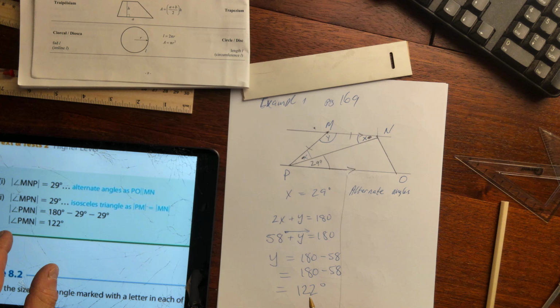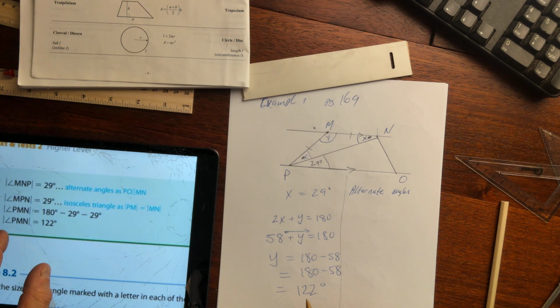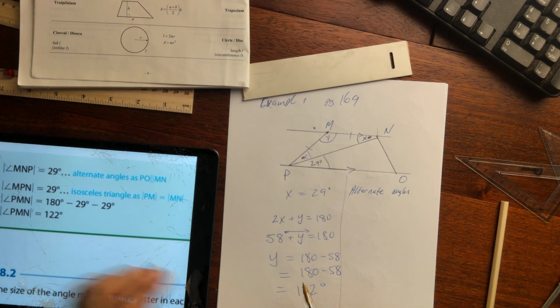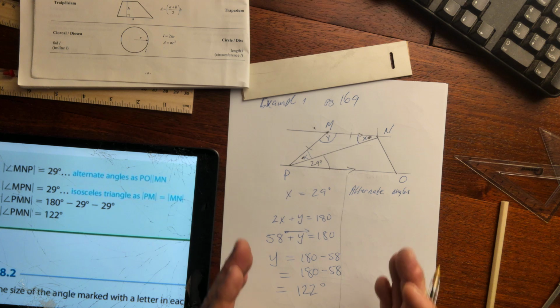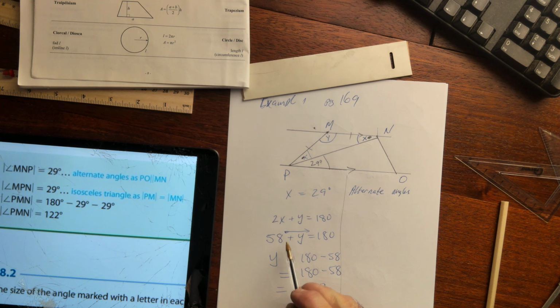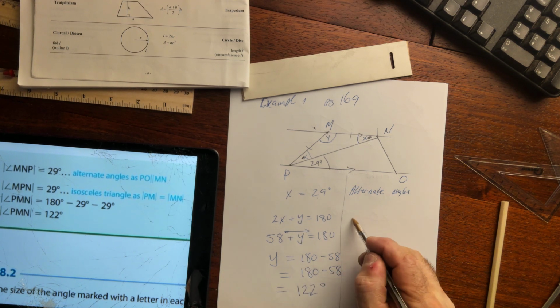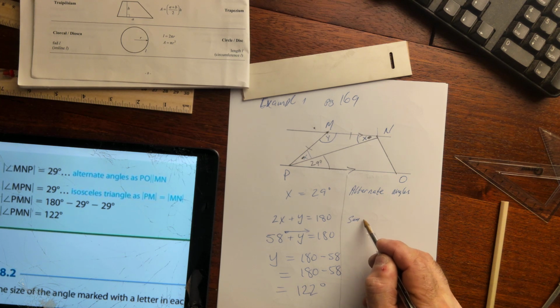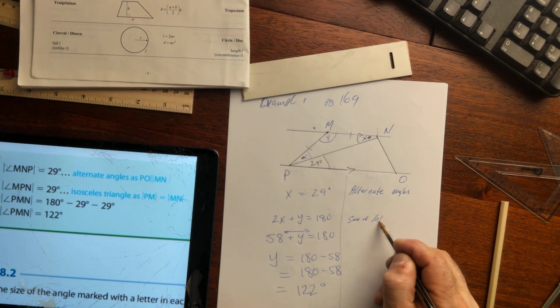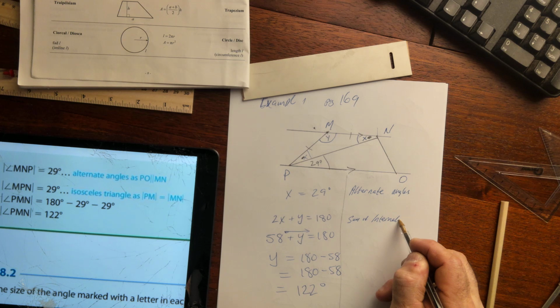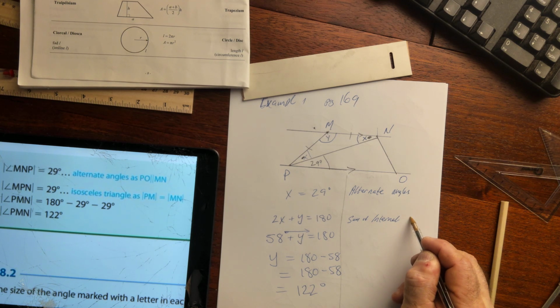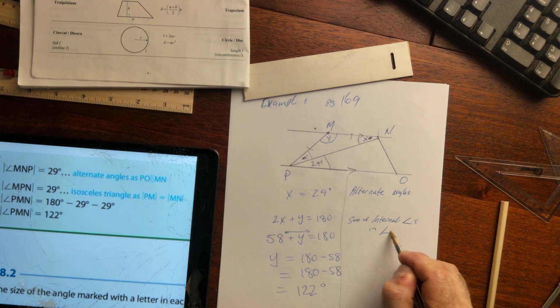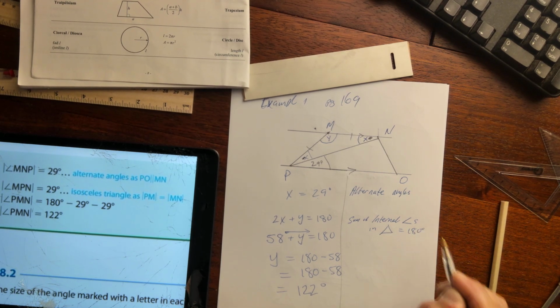Now, the difference between me doing this just by the book and figuring it out myself is problem solving. On that as well, I want to say here: sum of internal angles in a triangle equals 180 degrees.